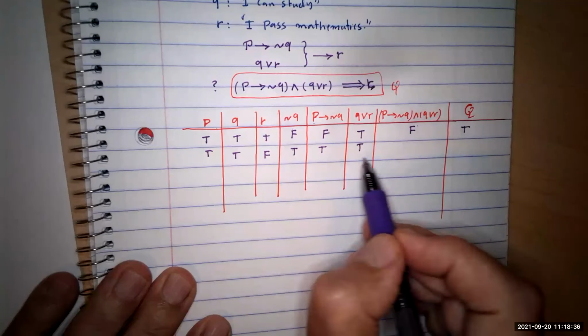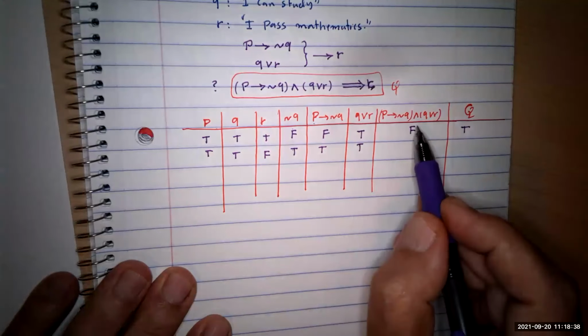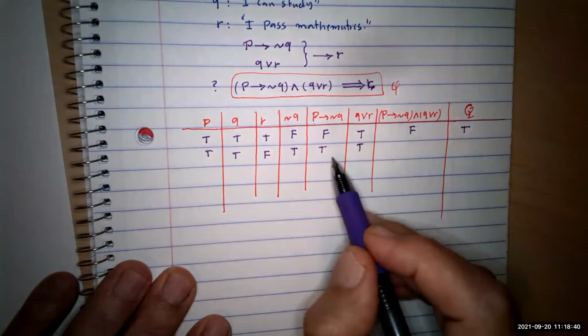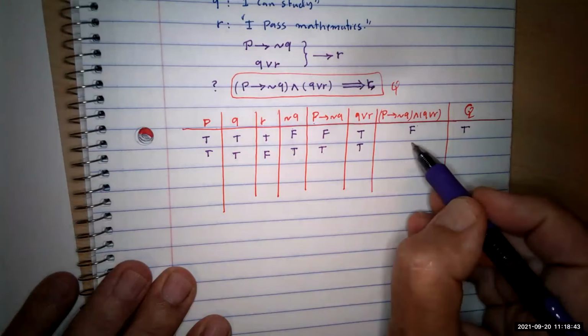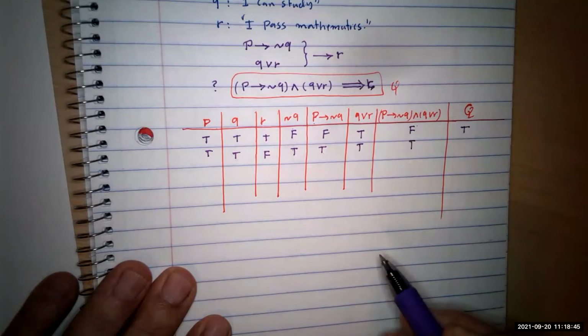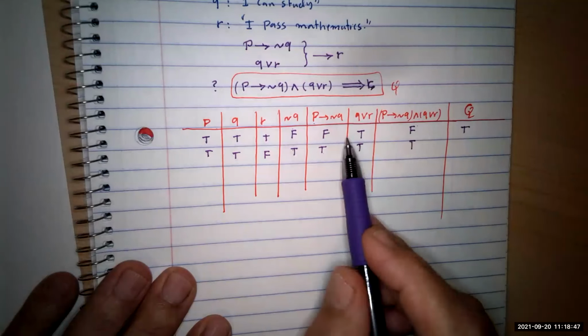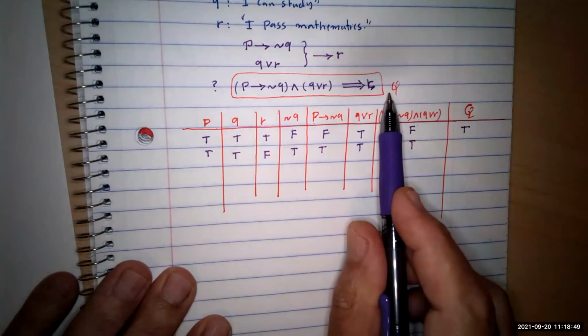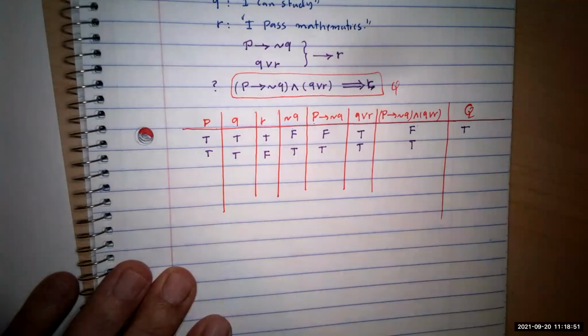Sorry, this portion over here. So we get a true, true. This is going to be true. Okay, this is going to be true. And then implies R, and R is going to be what I take. I take the true, true, false.